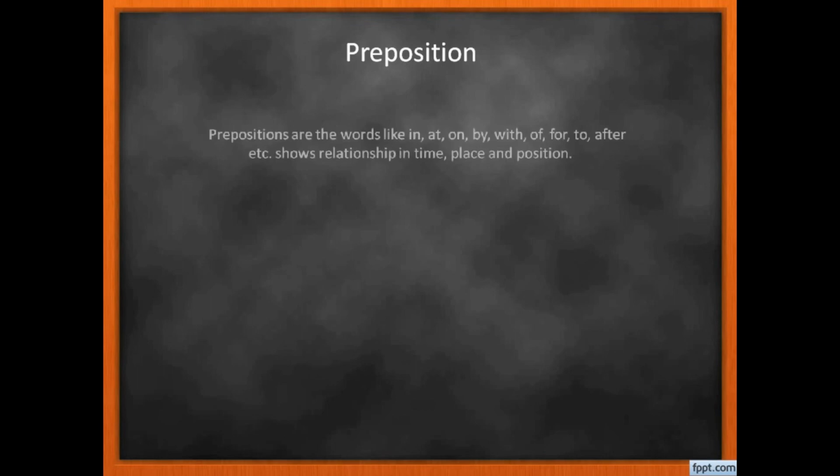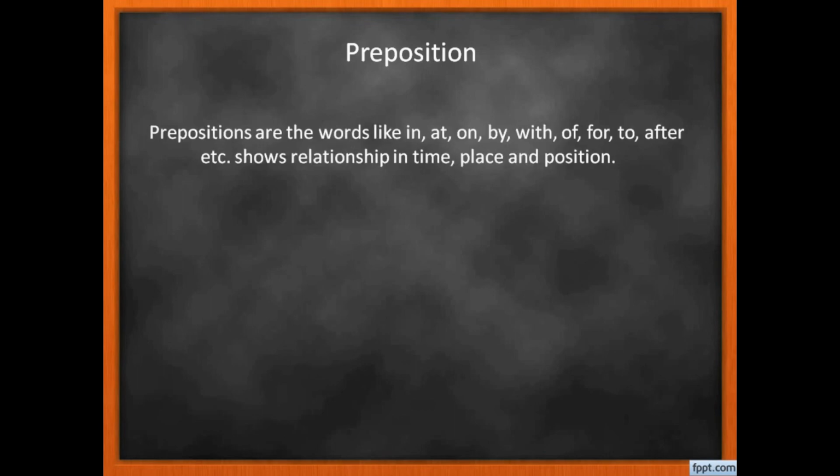Now the next part of speech is preposition. Prepositions are words like in, at, on, by, with, of, to, after, etc. These words show relationship in time, place and position. For example, he will meet you at the church on Monday. Can you identify two prepositions in this sentence?